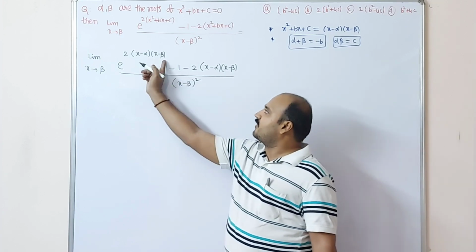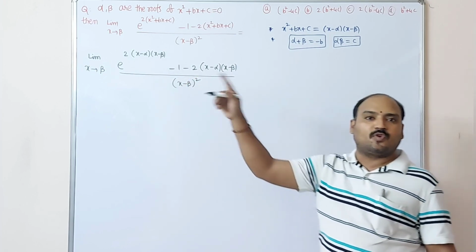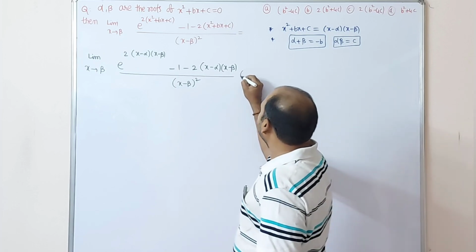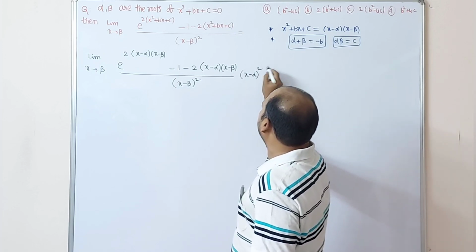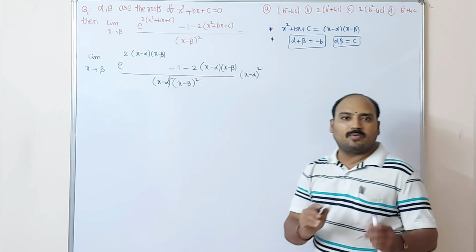So here the x minus alpha, x minus beta combination is there. In the denominator also we need to write the x minus alpha term, so that is the reason we are multiplying and dividing by (x minus alpha) whole square. I hope everyone understands.